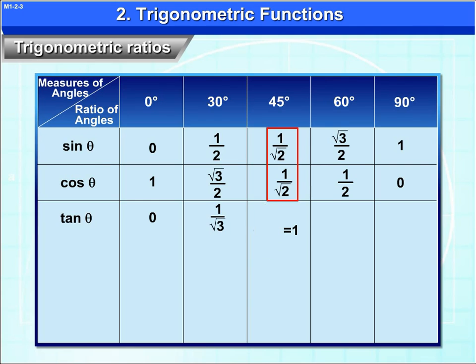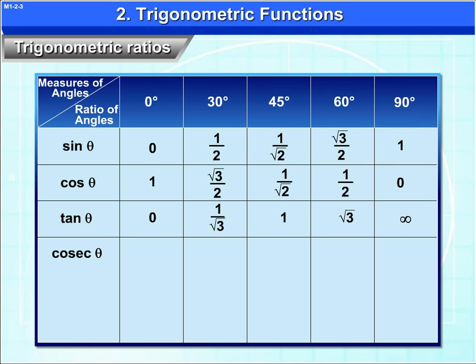So that equals 1. Root 3 upon 2 upon 1 upon 2, 2 gets cancelled. So that equals root 3. And 1 upon 0 cannot be defined since nothing is divisible by 0. So we have infinity.